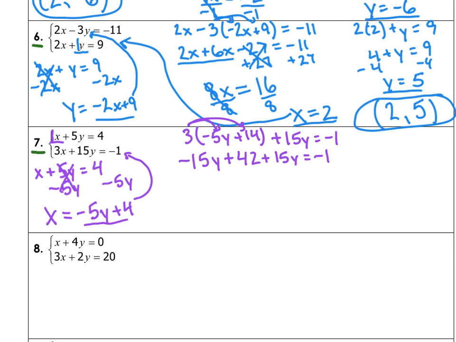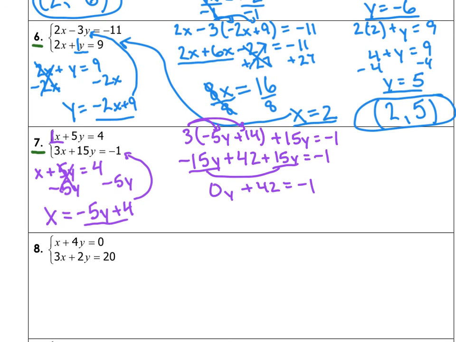In one step, I can show you what's going on. If I look at this, I see I've got a negative 15y and a positive 15y. I want to combine like terms. This is what's going to happen. When I combine these two, I'm going to get 0y. Negative 15 and positive 15 cancel out perfectly.